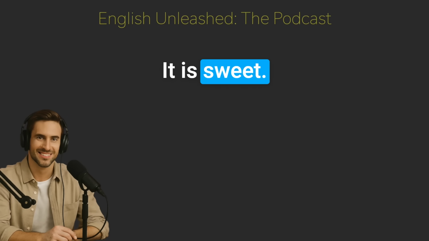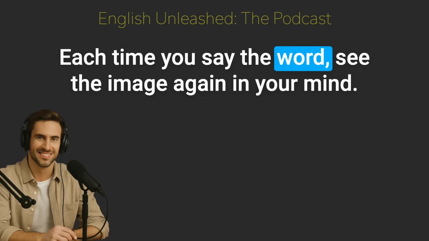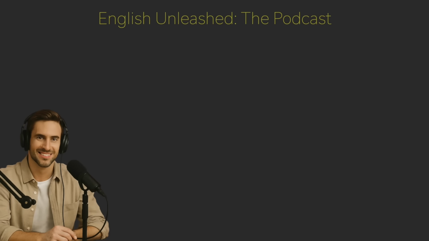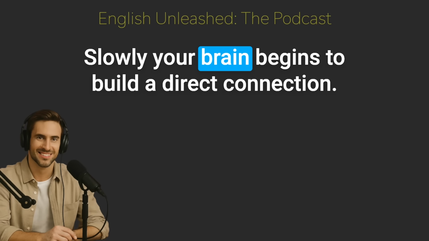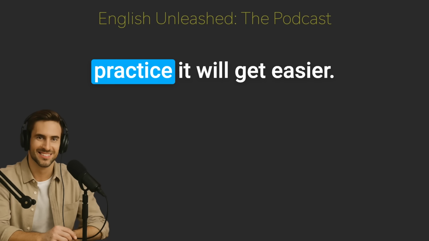It is sweet. Third, repeat the word while imagining the picture. Each time you say the word, see the image again in your mind. Slowly, your brain begins to build a direct connection. So, at the beginning, it might be a little bit difficult, but with practice, it will get easier.